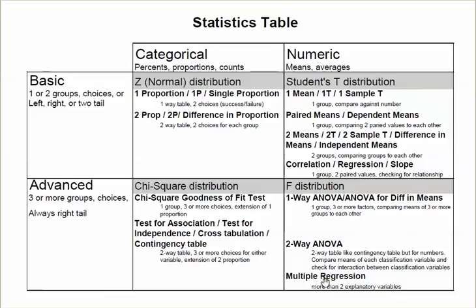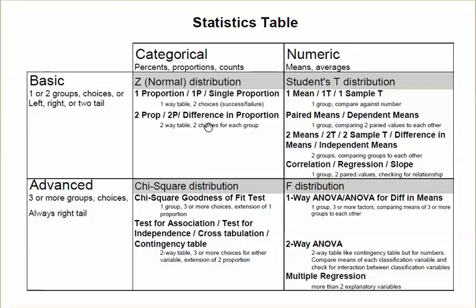This just gives you an idea of where we're going, how to look at the table, and how to think about the table, and I promise this table will become very important as we move on in this class. It helps you understand what test we're using and why.